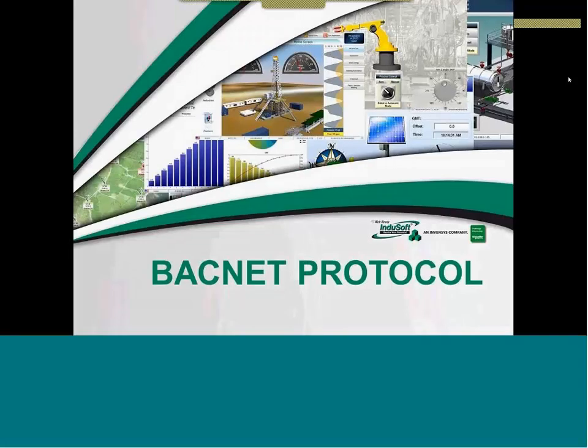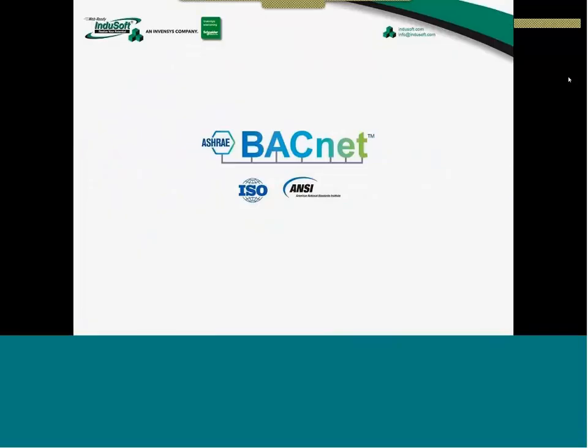Okay, so to start, let's give a quick review about the Bacnet protocol. Bacnet is short for Building Automation Control Network. It's a data communication protocol for building automation and control networks.